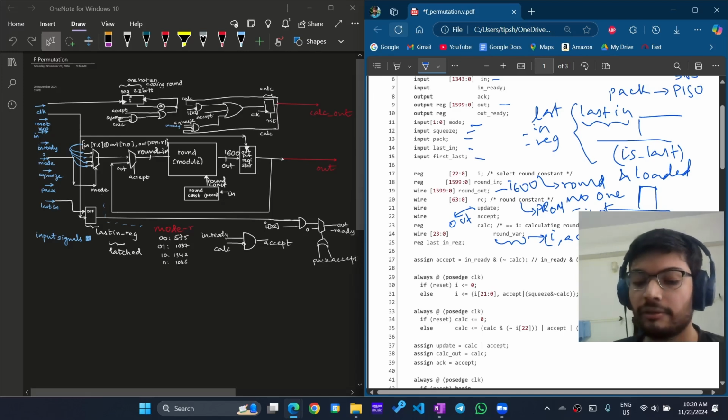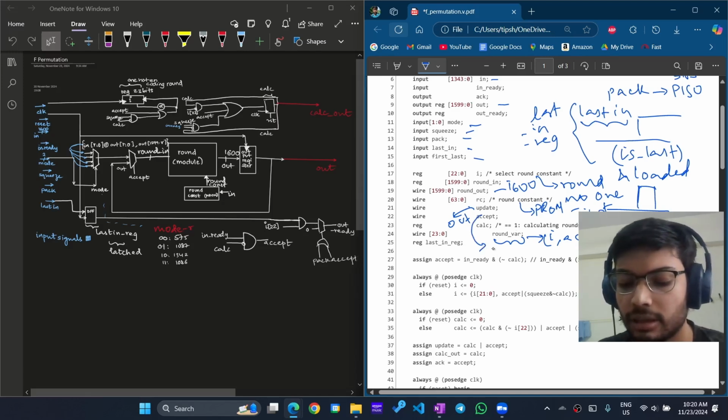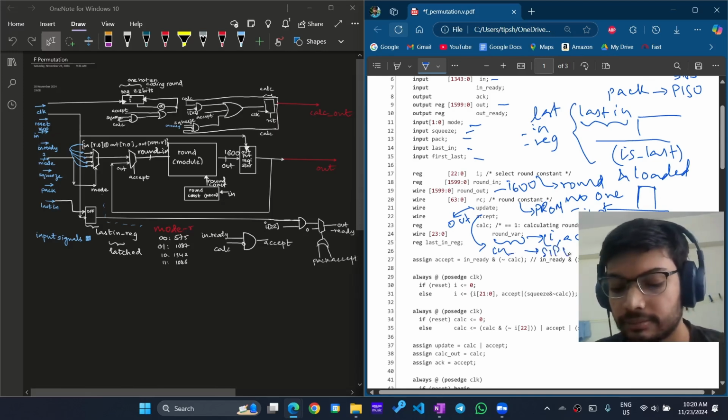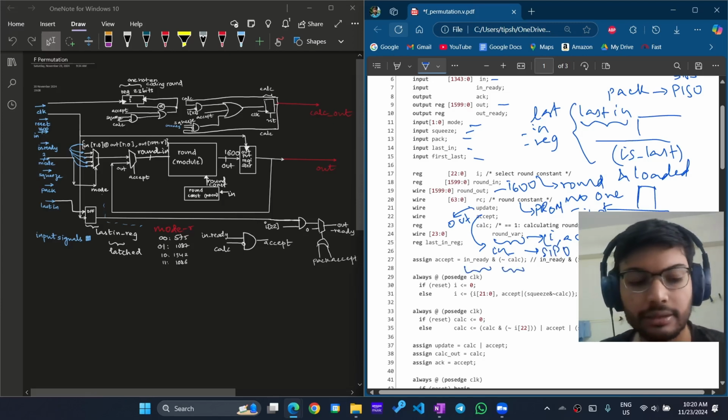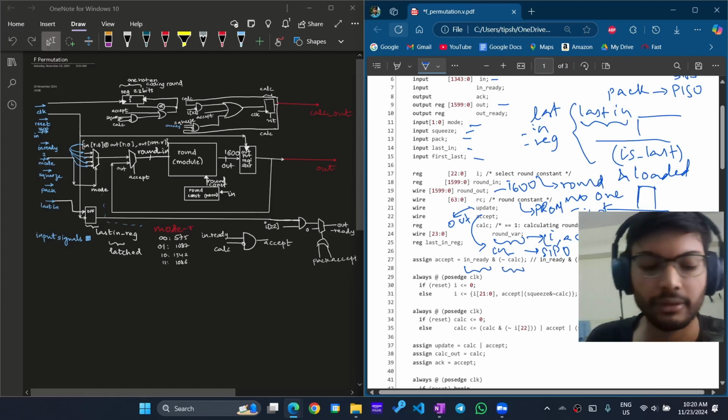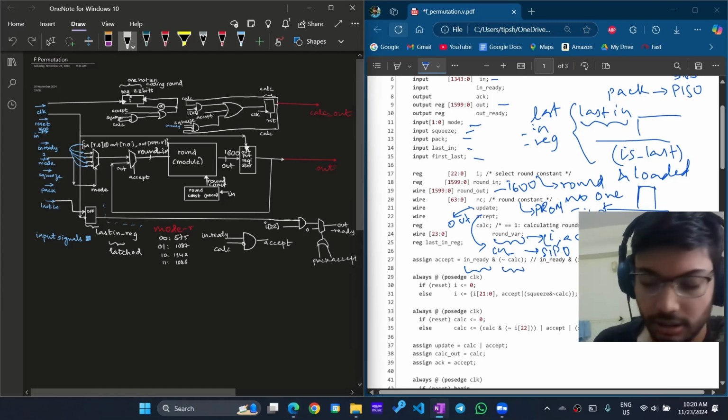Accept is to say if we are accepting input from the outer module, that is CPO. Accept is calculated using in ready and not of calculate, which is shown right here in the diagram.